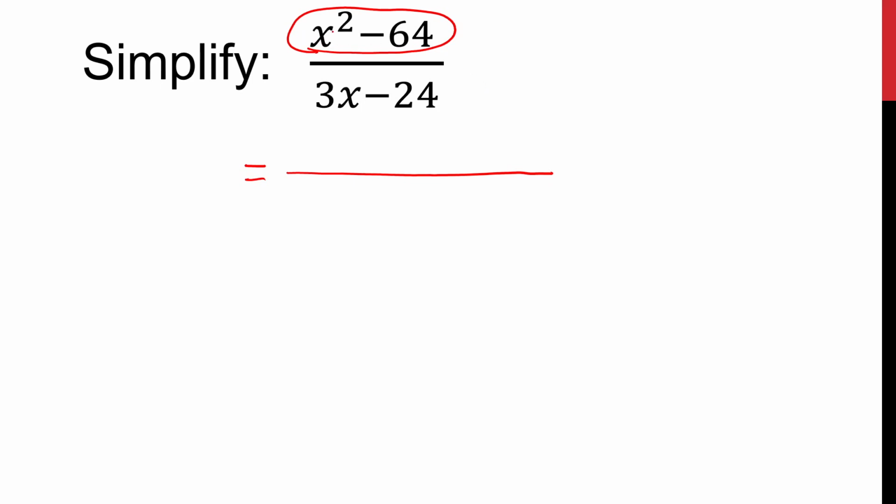Naay common factor ang x squared ug 64? Sure ka naay common factor? When I say common factor, common sa x squared ug 64, naa ba? Wala, sir. So ayaw pag common monomial, adto sa laing factoring method, di ba?